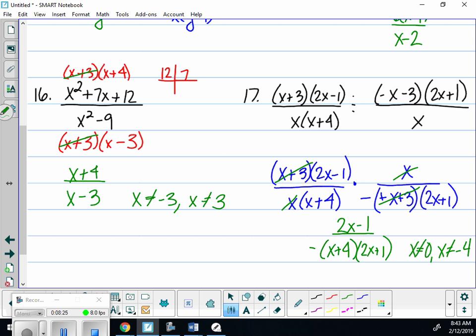So x can't equal negative 3, and x cannot equal negative 1 divided by 2. So we put this number over this number. So those would be our restrictions on the variable for 17.